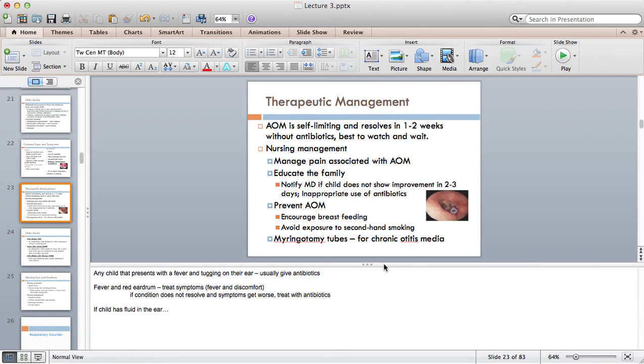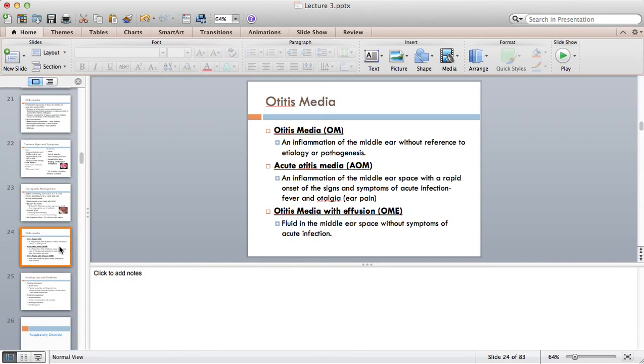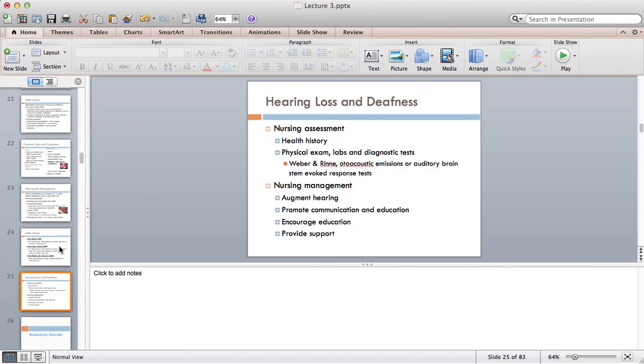So again, this is just the definition of all the other types of otitis media. Other problems that you can see in the ear will be hearing loss.